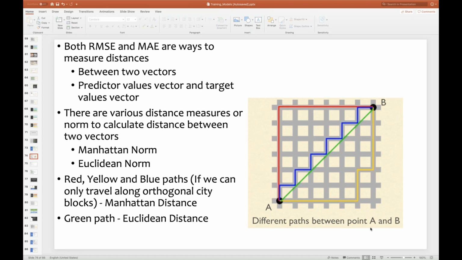A vector is a linear algebra term. A vector is a collection, a group of numbers, and it is also called a feature vector because the values in it correspond to some features.